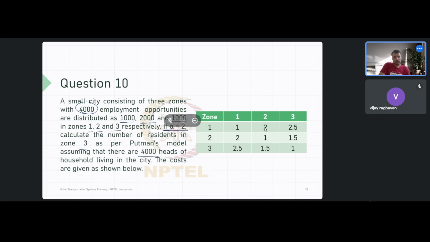I'll give 1 more minute. Discuss. This answer is not correct.